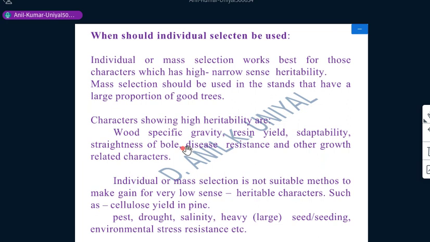Individual or mass selection is not a suitable method to make gains for very low heritable characters such as cellulose yield in pine, pest, drought, salinity, heavy shedding, or environmental stress resistance. These come under low heritability characters, so mass selection is not considered good for these.